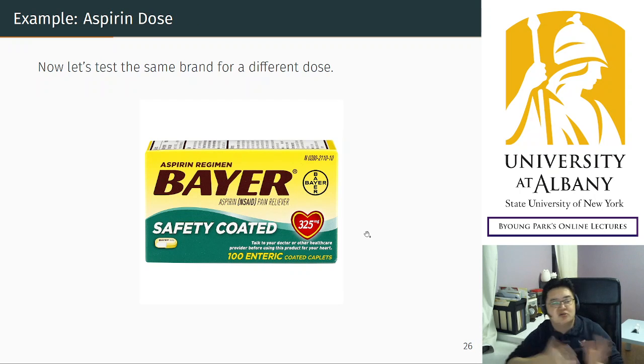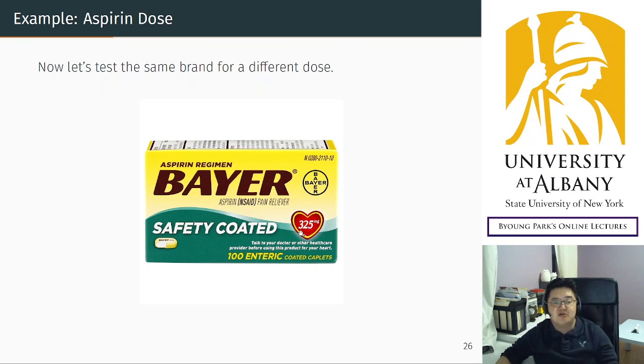So the trade-offs are seen here, right? And I'm going to give you another example for your exercise. Now we are going to apply those steps to a different dose. It's a larger dose aspirin which contains 325 milligrams. So the structure is the same.